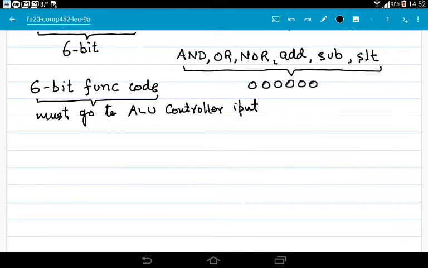Those 6 inputs will be the 6 function code bits. This is a must. Now we need to figure out, do we need any additional input lines?